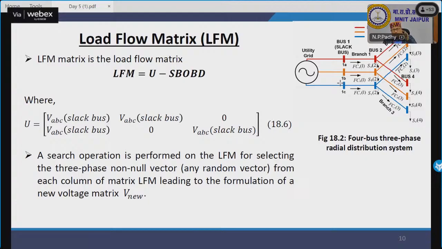But it has been symmetrically maintained to create a matrix which is of 2 by 3 size, so that the subtraction will be possible. Now, a search operator is performed on the LFM for selecting the 3-phase non-null vector, any random vector from each column of matrix LFM, leading to the formulation of a new voltage matrix V nu. All right.